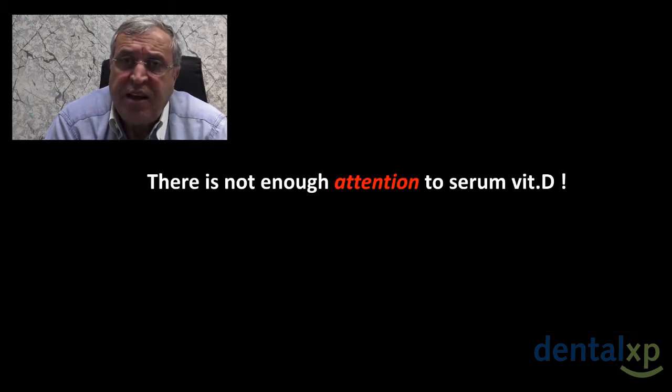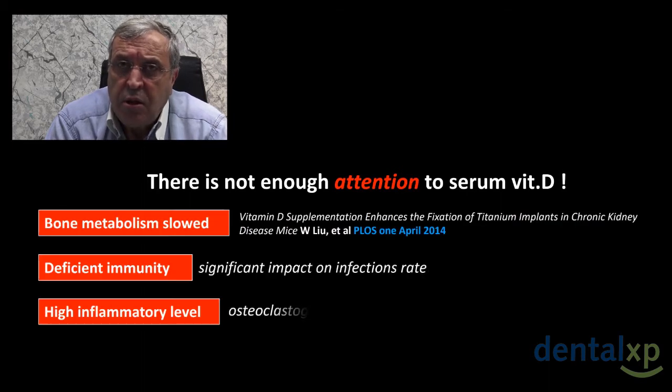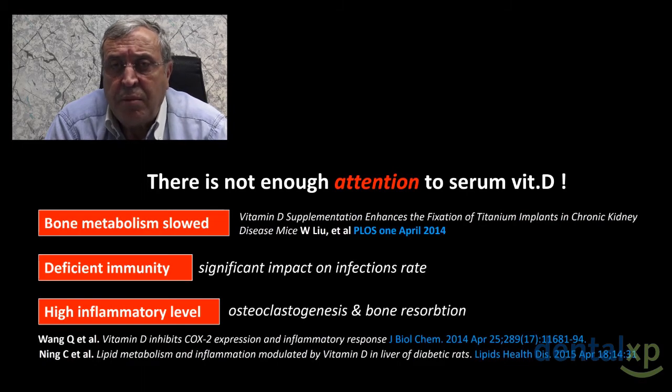There is not enough attention to the serum vitamin D, because with low vitamin D, the bone metabolism is slowed. With low vitamin D, there is a deficient immunity. With low vitamin D, there is a high inflammatory level. And we know that this high inflammatory level with a lot of giant cells will induce osteoclastogenesis and bone resorption.